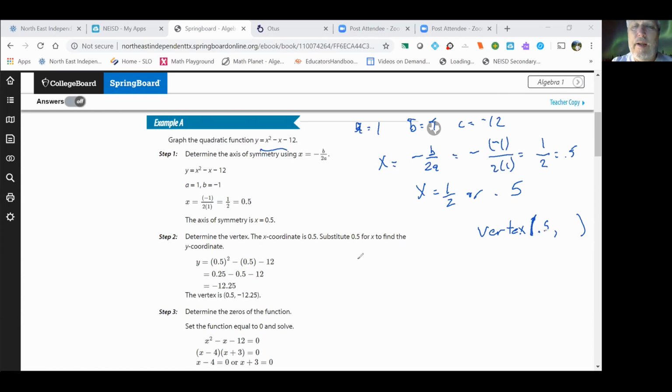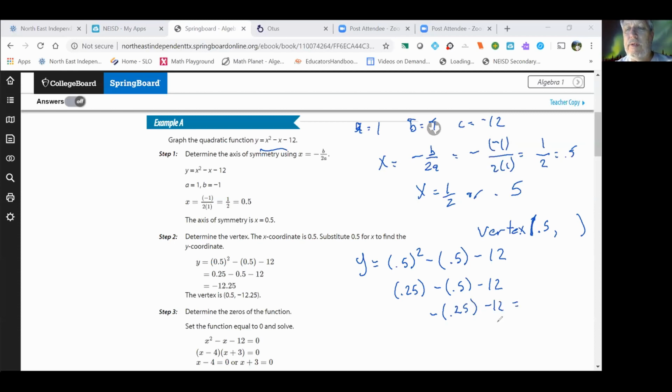So to find y, we plug it in: 0.5 squared minus 0.5 minus 12. Now, 0.5 squared is 25 hundredths. Then 25 hundredths minus 5 hundredths is -25 hundredths, minus 12.